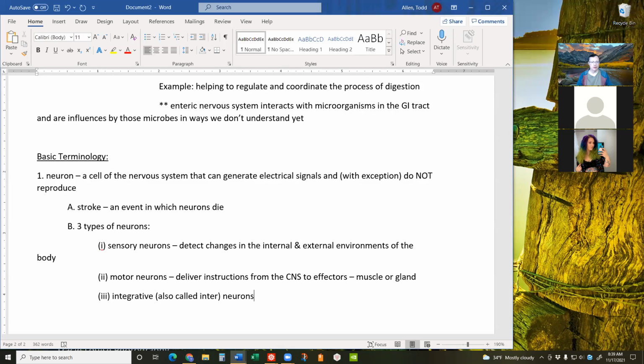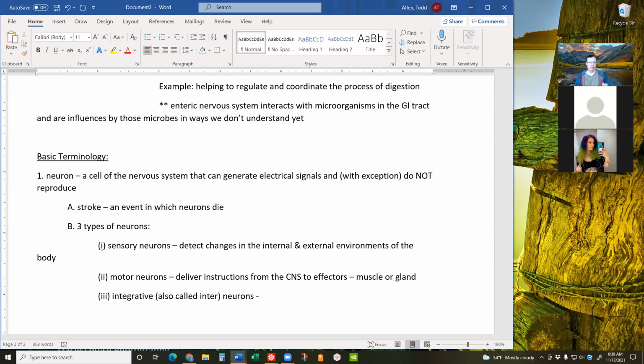So we have integrative neurons or interneurons. That's the same thing. Those terms are synonymous. Okay. The integrative neurons are neurons that are heavily involved in enabling your brain to make a decision.